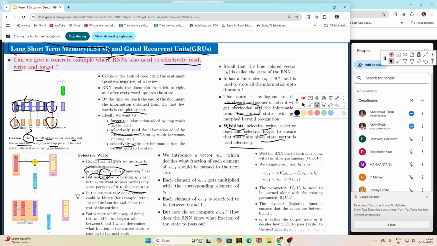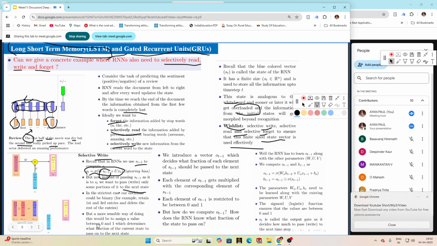Now, some portion does not mean we will give some states and keep the other states 0. If we do this, then we will lose some amount of information. So rather than that, we can have a weighted thing. That means we will give some weighted information to that state.